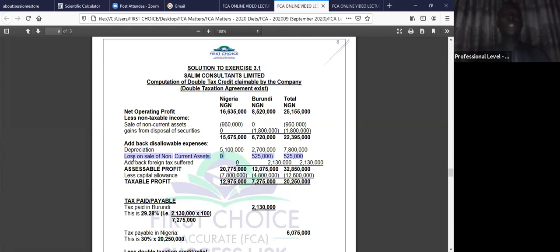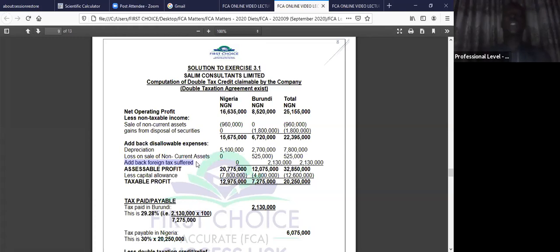This is not to say tax is a disallowable expense. Tax is not disallowable, but we want to know what the picture was. In fact, it will also help us to calculate what our taxable profit was from where we paid our tax.